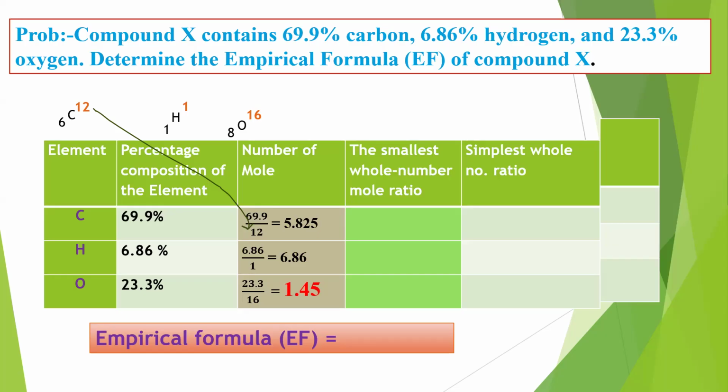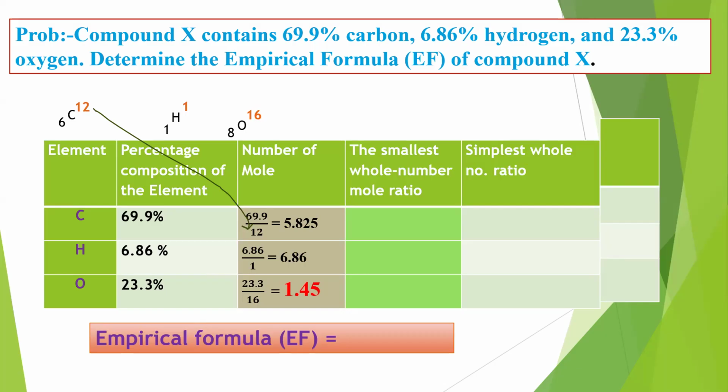Then here you will get 1.45. Carbon number of moles, hydrogen number of moles, oxygen number of moles are calculated here. Then based on the values, select the least value, that is 1.45.